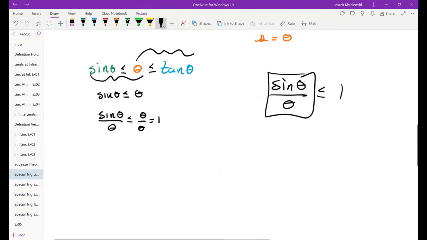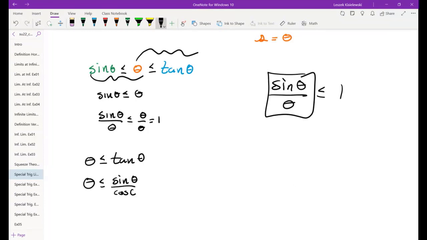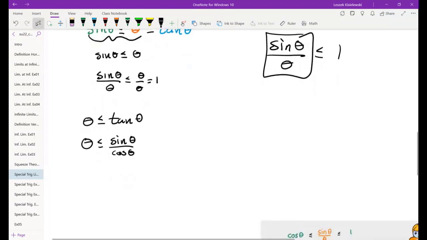Now, if we take the other inequality where theta is less than or equal to tangent theta, and we want to get sine of theta over theta in there somewhere, towards that end, we can rewrite tangent as sine over cosine. And then we can notice that theta is positive here, and cosine of theta is positive as well, since theta is in the first quadrant.